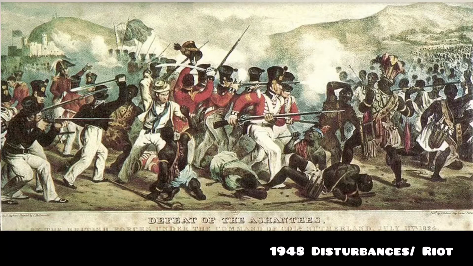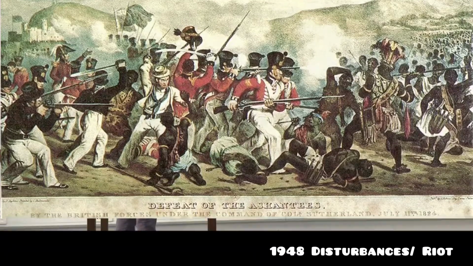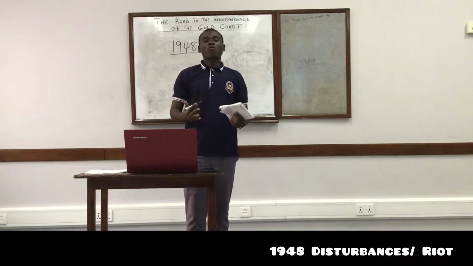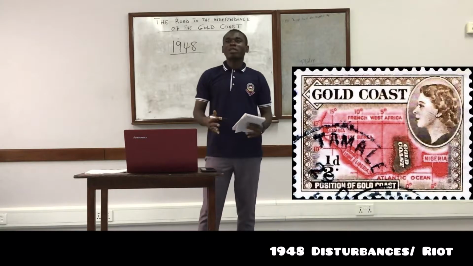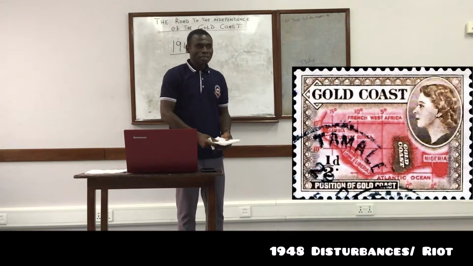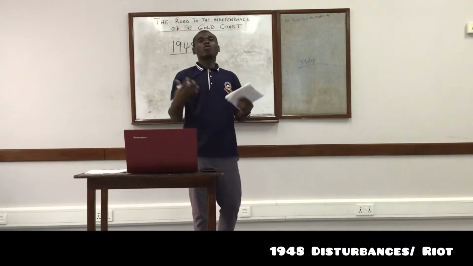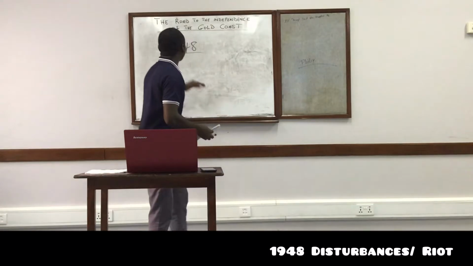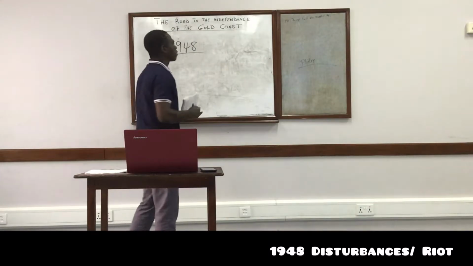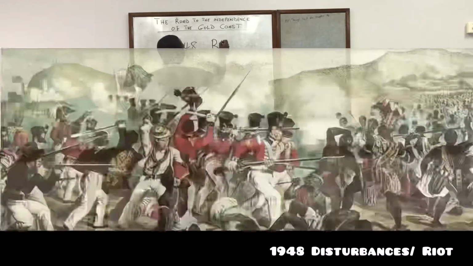So they were not happy. There was also an increase in the prices of goods and services within the Gold Coast, and foreign domination in the economy or the market of the Gold Coast. So it led to the 1948 disturbances or riots.